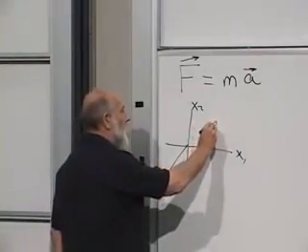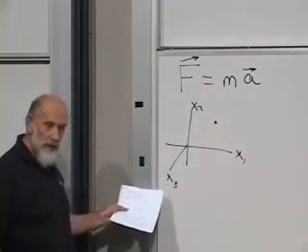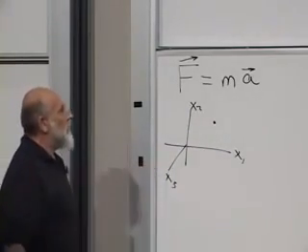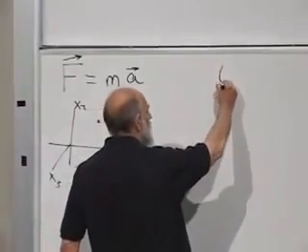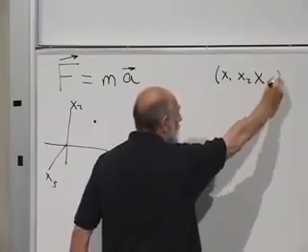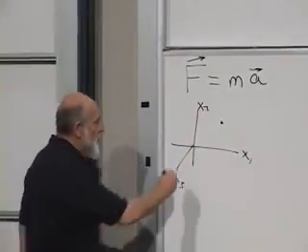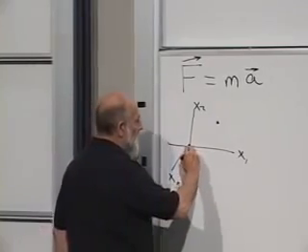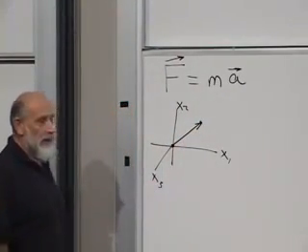Sometimes we just call them x1, x2, and x3. And a particle has a position, which means it has a set of three coordinates. Sometimes we will summarize the collection of the three coordinates, x1, x2, and x3. Incidentally, x1, x2, and x3 are components of a vector. They are components of the position vector of the particle.